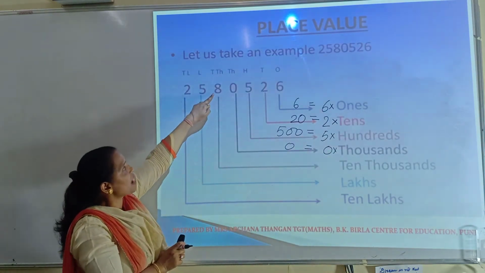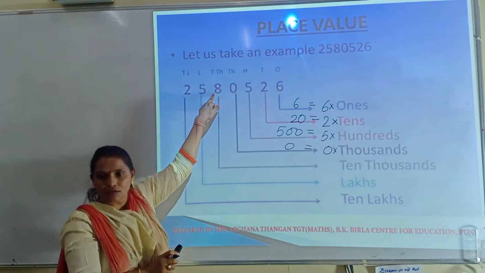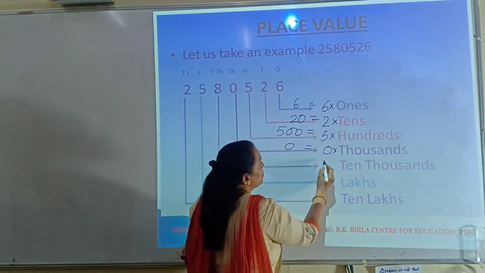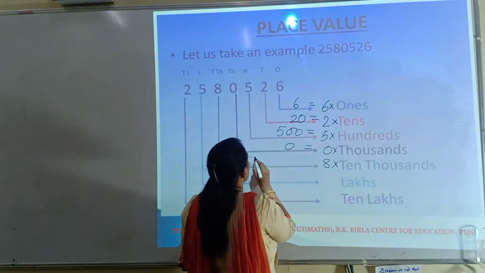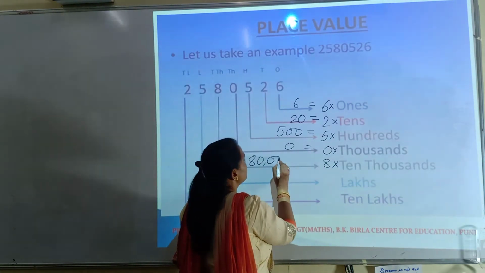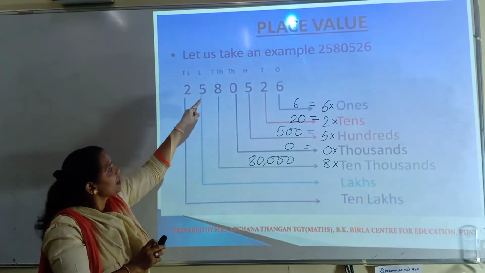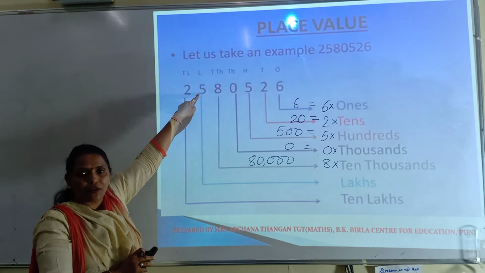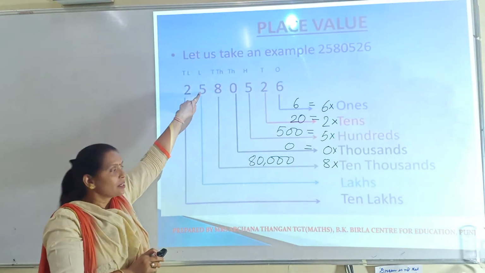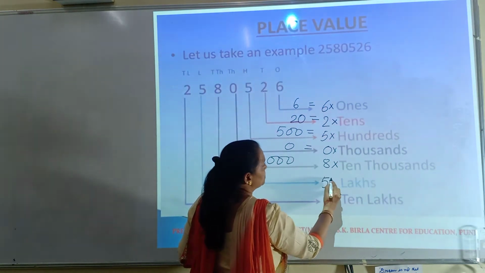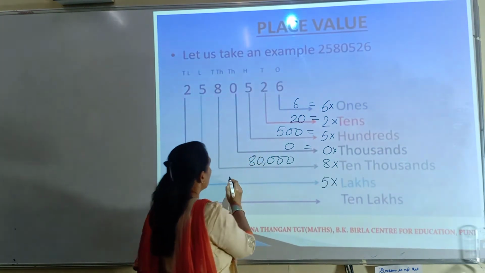Next, we have 8 in ten thousands place. So, its place value is 8 multiplied by 10,000, which is 80,000. Next, we have digit 5. 5 is in lakhs place. So, its place value is 5 multiplied by lakh, so it is 5 lakh.